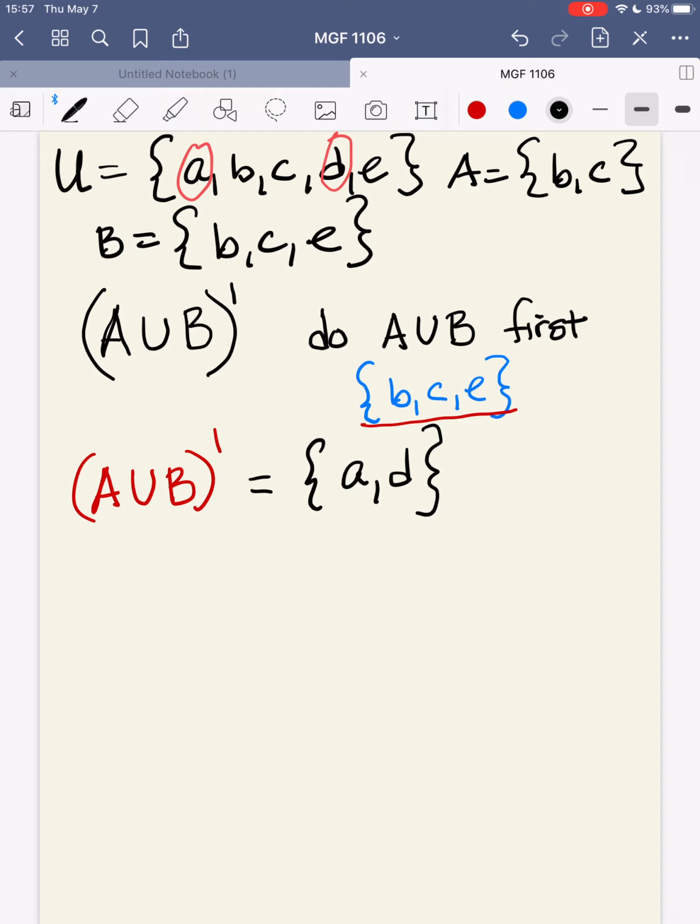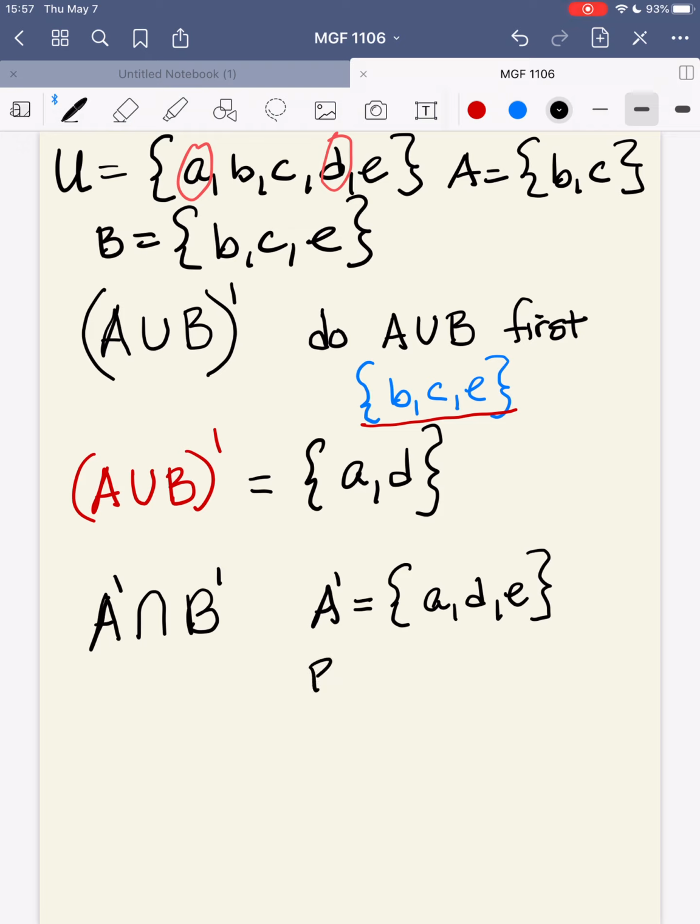Okay. Now, it does make a difference if there's a set of parentheses or not. So if I go ahead and take A complement intersect B complement, I need to find the complement of A, and my complement of A, things that are not in A, are A, D, and E. Still working with the same values.